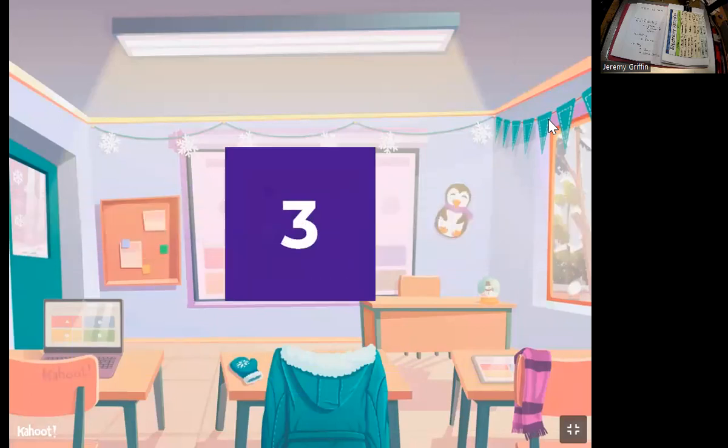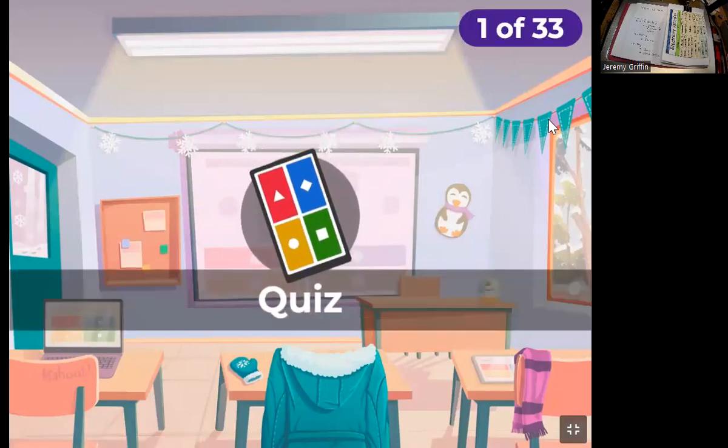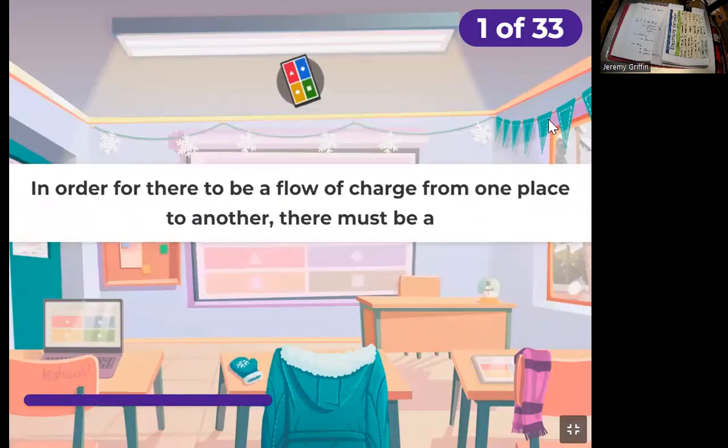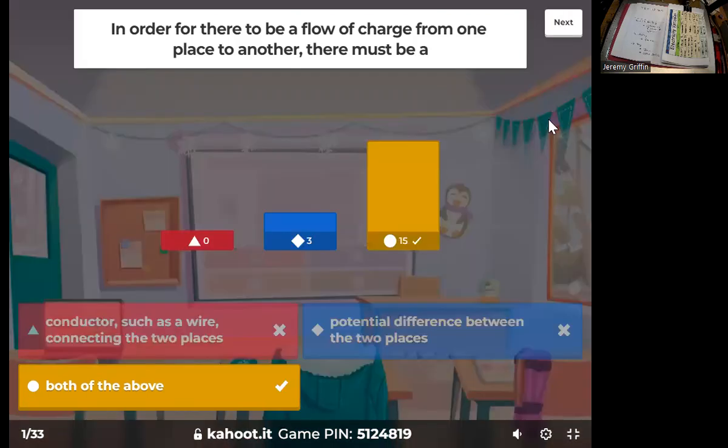Electric current. In order for there to be a flow of charge from one place to another, there must be... yeah, both the above.